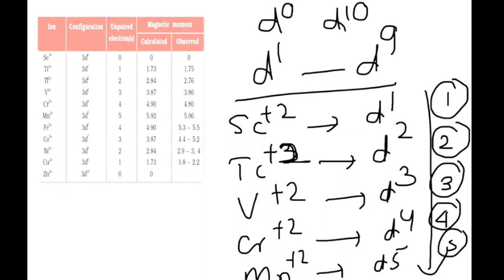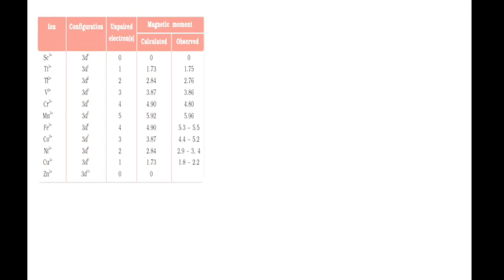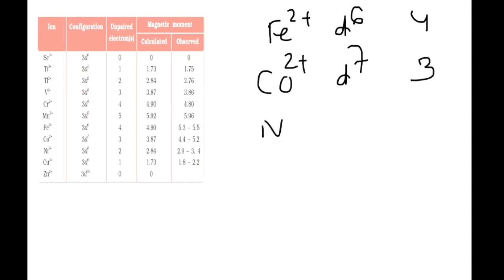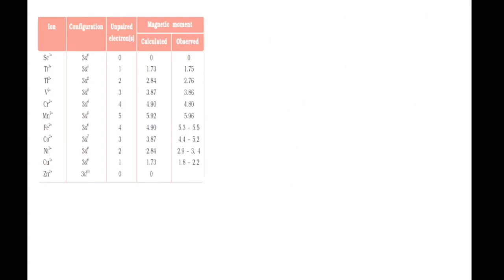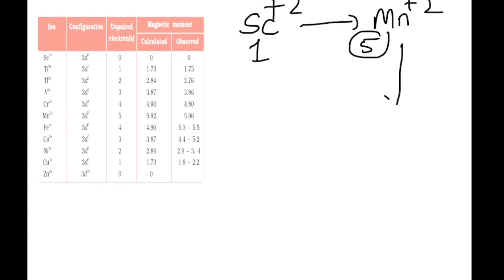Then it decreases. Iron 2 plus, d6, 4 unpaired; cobalt 2 plus, d7, 3 unpaired; nickel 2 plus, d8, 2 unpaired; copper 2 plus, d9, 1 unpaired; zinc 2 plus, d10, 0 unpaired. So the number of unpaired electrons increases from 1 to 5 from scandium 2 plus to manganese 2 plus, then decreases to 0 at zinc 2 plus.